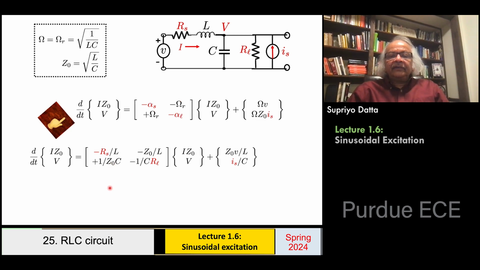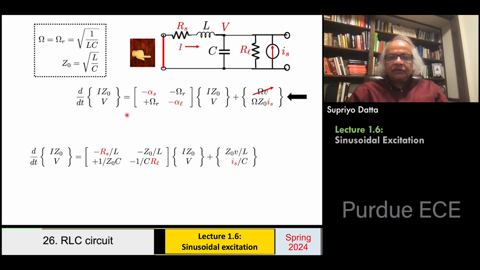And then the idea is that you choose this Z0 such that Z0 over L is equal to 1 over Z0C equal to omega R. That's how we get this. Omega R equals square root of 1 over LC. And you get the scaling variable Z0 as square root of L over C. So that's how you get this equation, which you'll notice is looking like our generic equation.